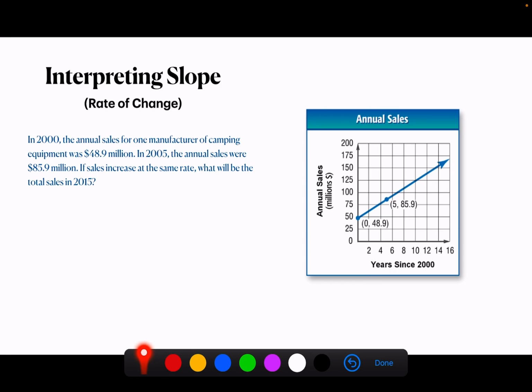So this essentially is 0 years from 2000. So we're starting at 48.9 at that moment. Now, at 5 years, 2005, we can see that our 85.9 million is recorded as 85.9. We don't need to record it with all those zeros there.